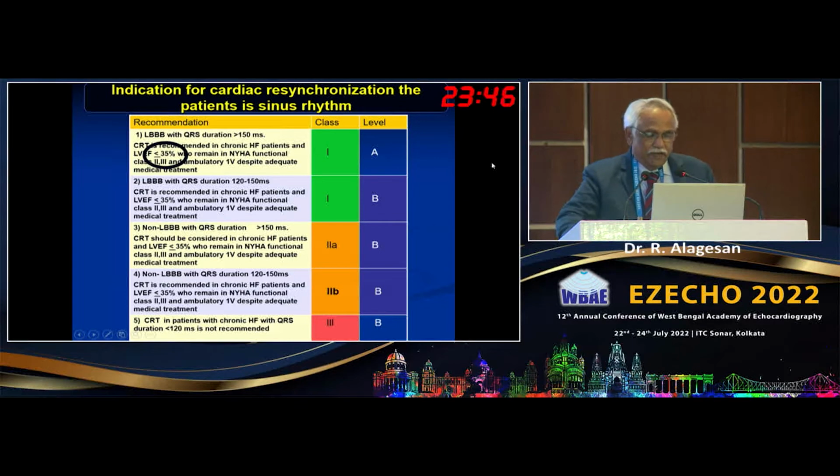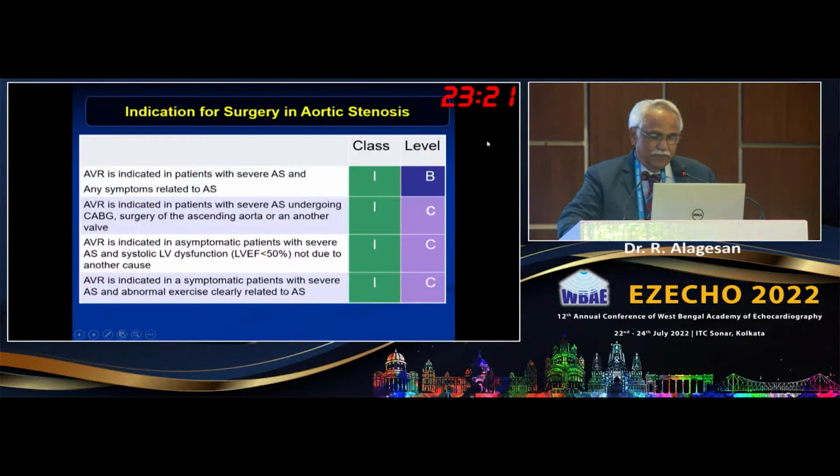How echocardiographic volume is very useful, the left ventricular volume. If you see a number of diseases, the LV volume and the ejection fraction decides what drugs to be given and what intervention to be done, etc. For example, in patients in whom CRT has to be done, the left ventricular ejection fraction should be less than 35%.